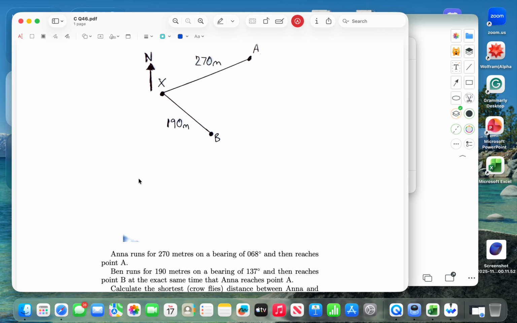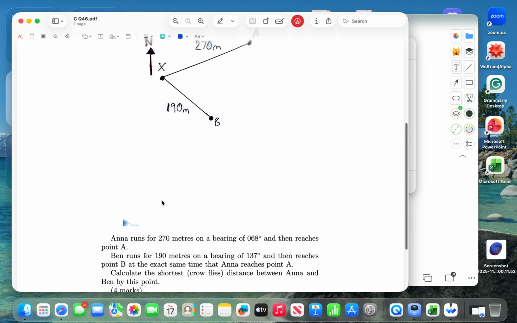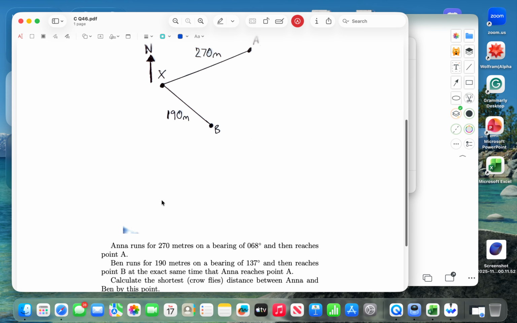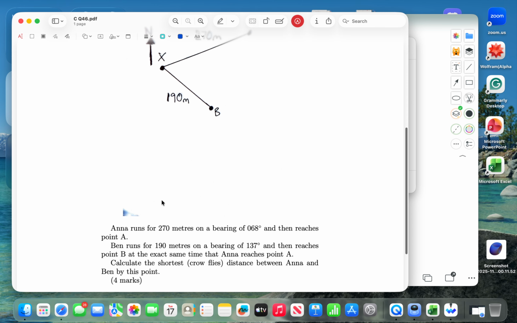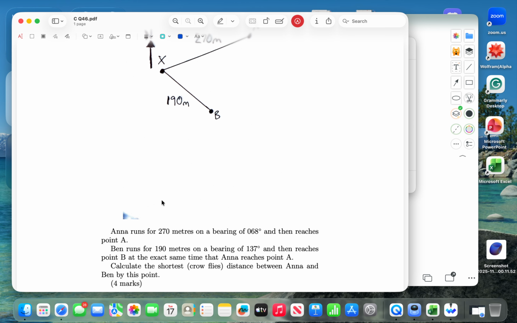So we have to calculate the shortest distance between Anna and Ben, and it's the crow flies distance.